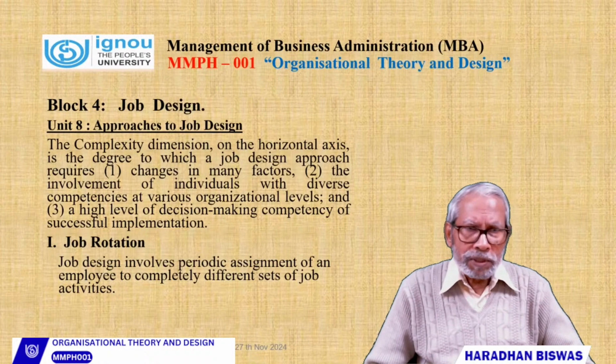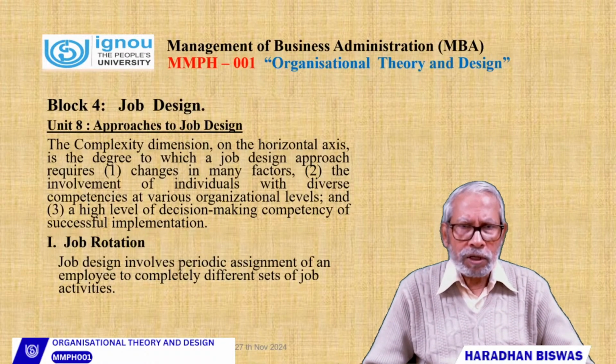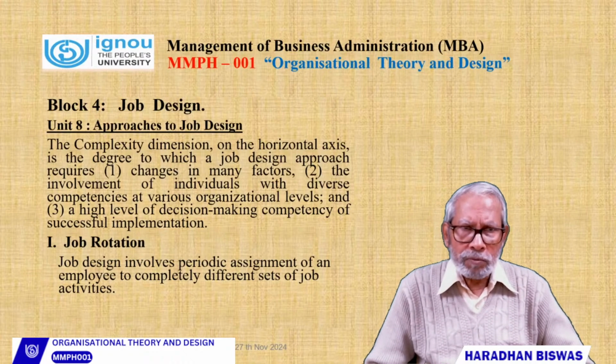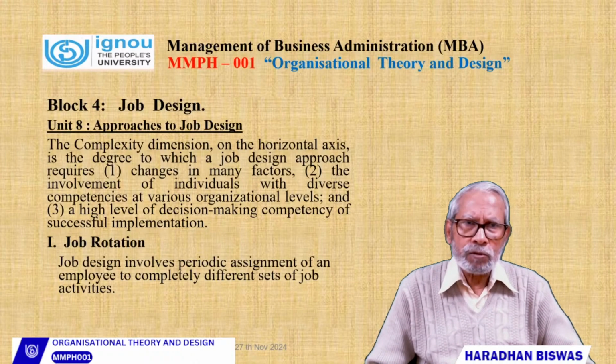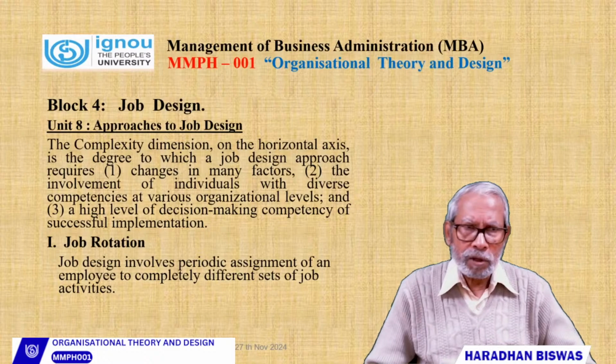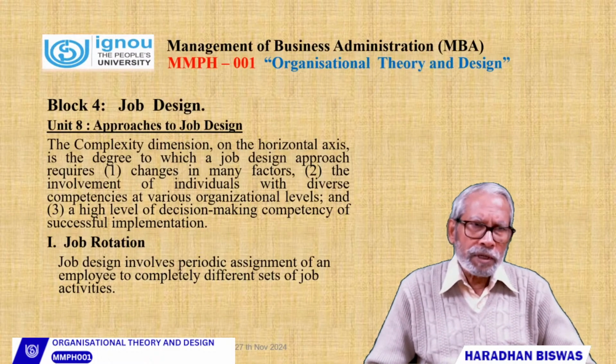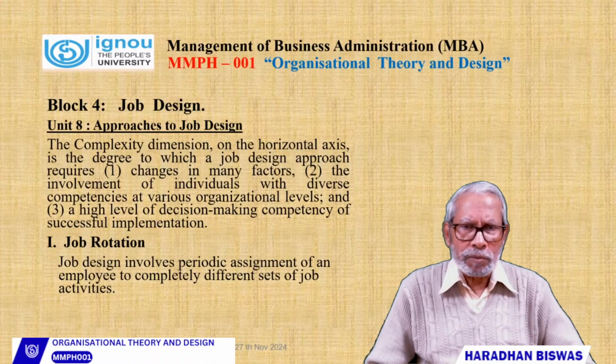Now, the complexity dimension on the horizontal axis is the degree to which the job design approach requires changes in many factors, the involvement of individuals with diverse competencies at various organizational levels, and third, a high level of decision-making competency for successful implementation.